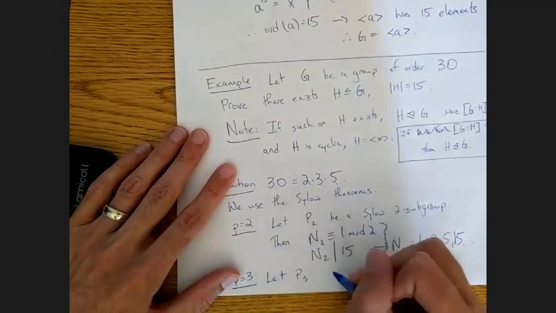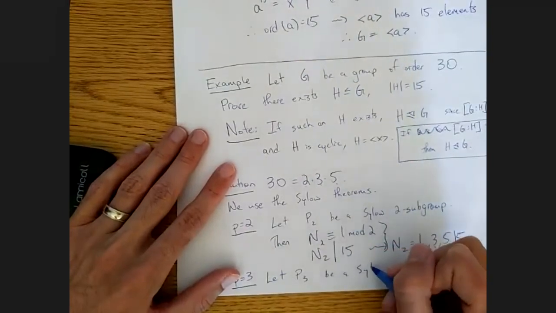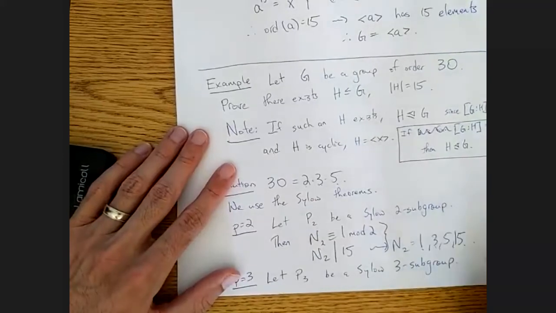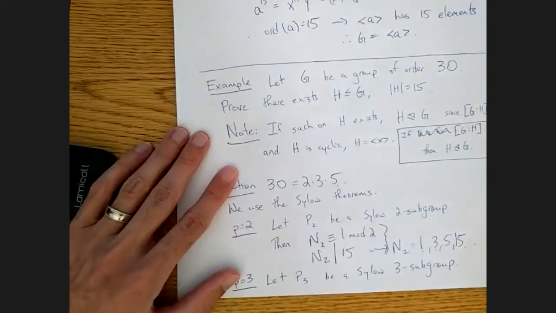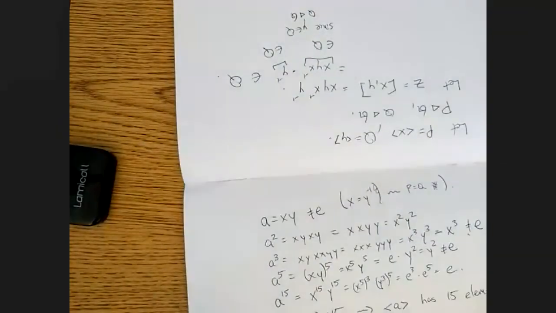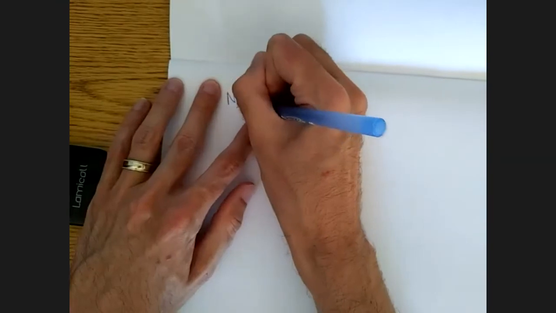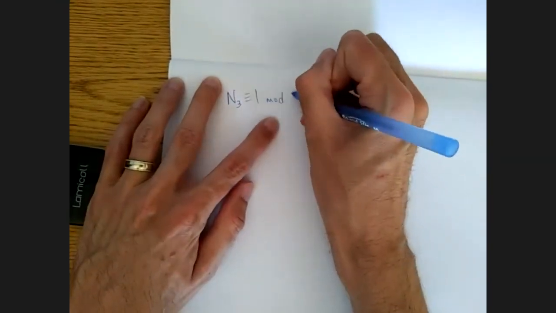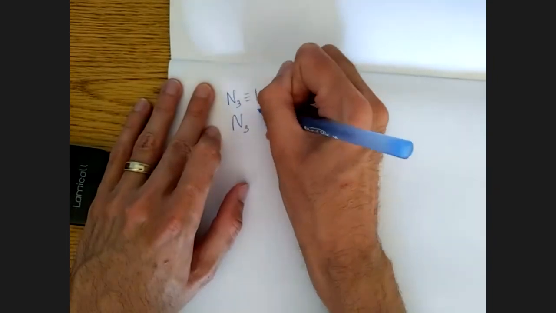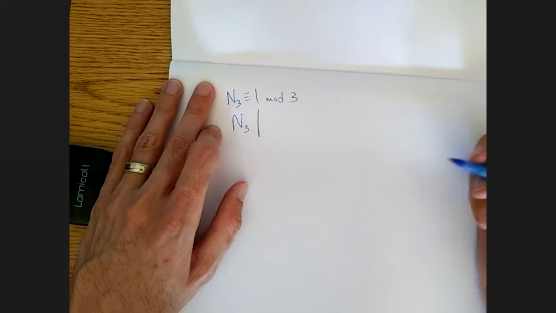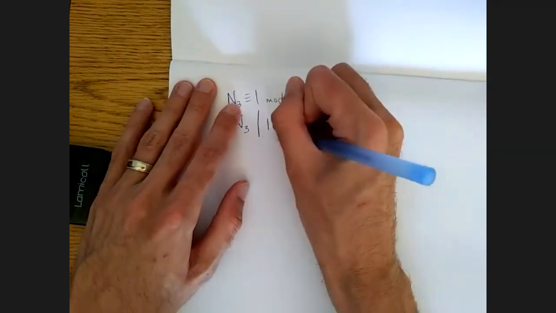Let P3 be a Sylow 3 subgroup. Now, N3 is congruent to 1 mod 3, and if we write 30 as 3 times something, it's 3 times 10, so N3 has to divide 10.